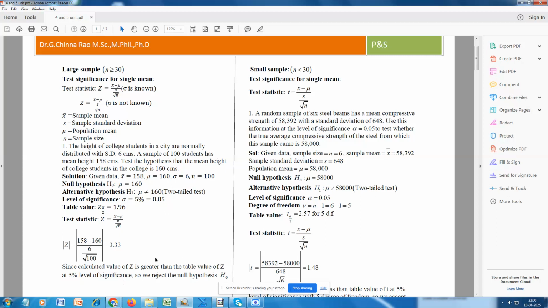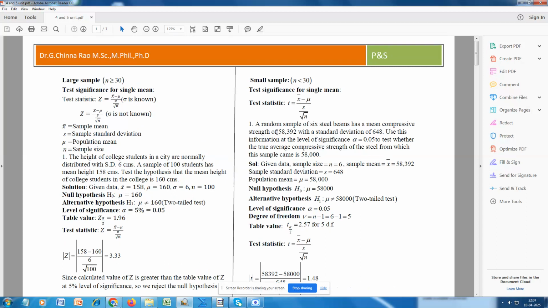Now we go for the small sample test, which is also called the t test. The small sample test is applied for n less than 30. The remaining process is the same, but the additional point is degrees of freedom.